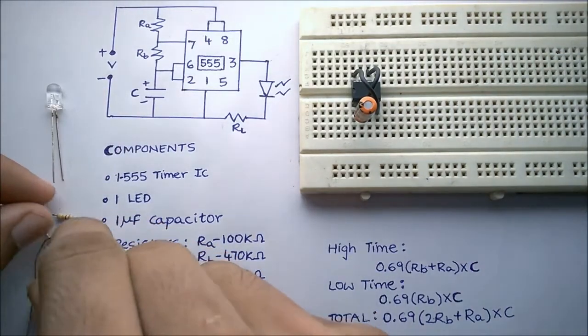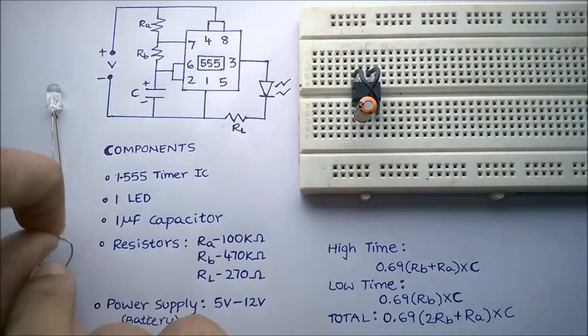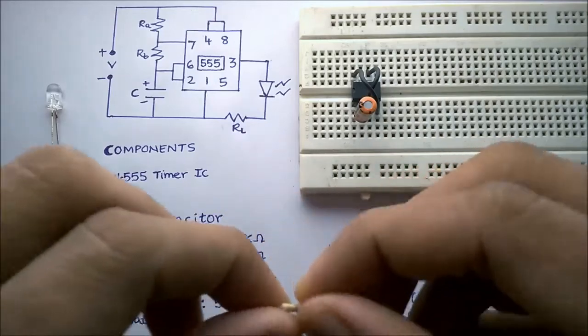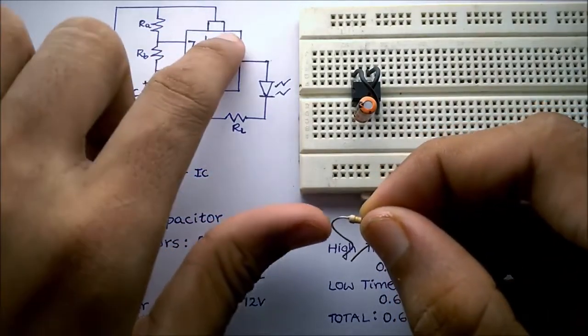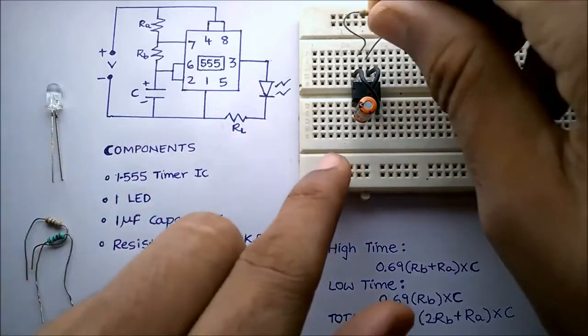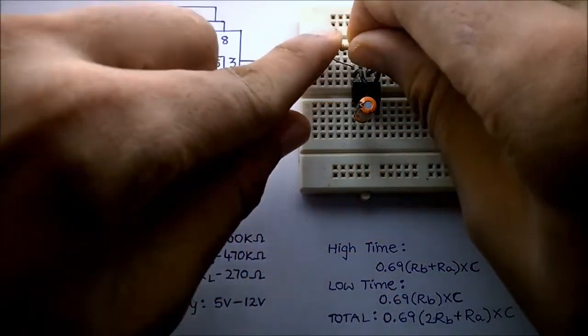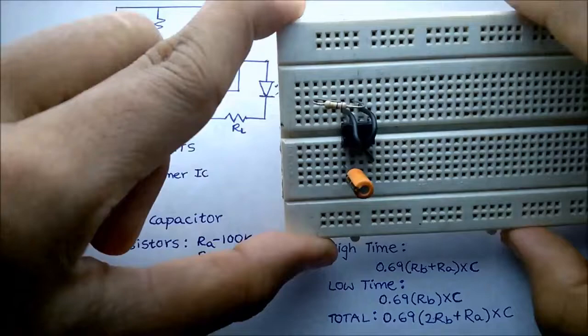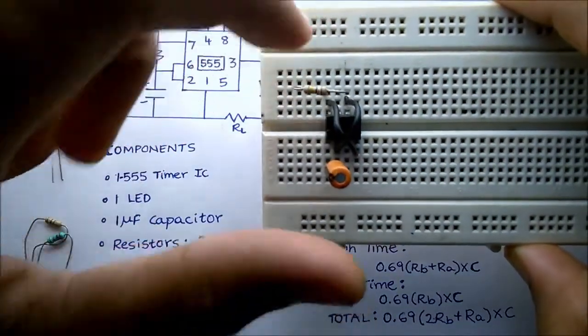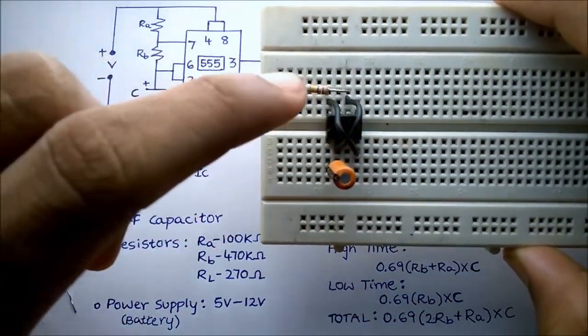Now we will connect the resistor of 100 kilo ohms, which is RA, between pin number 7 and pin number 8. So this is pin number 7 and pin number 8.